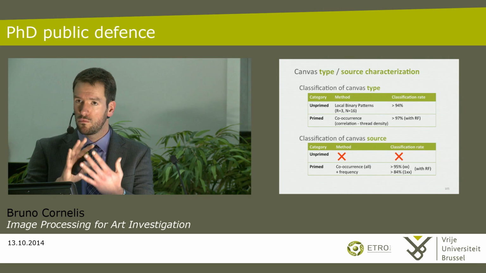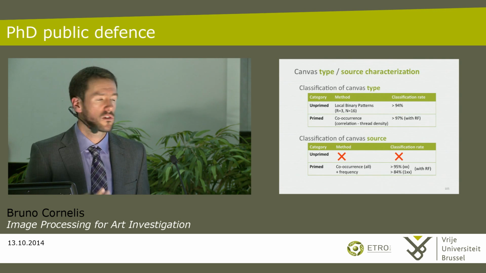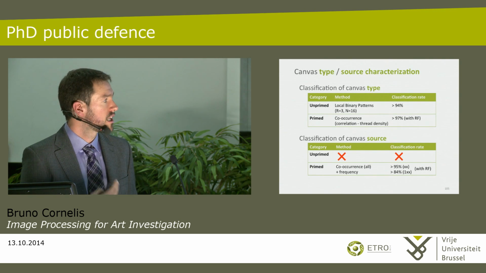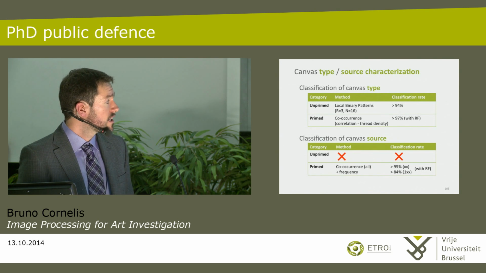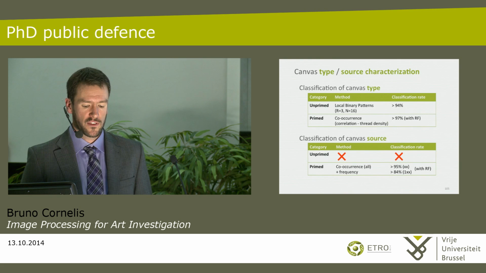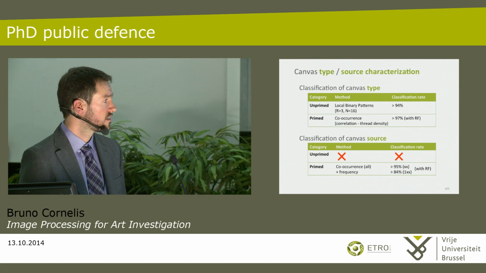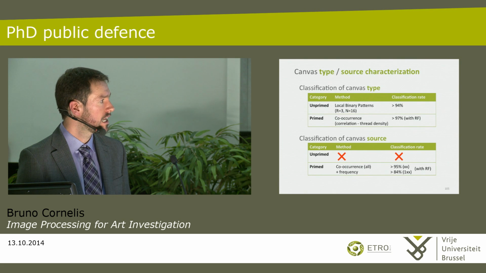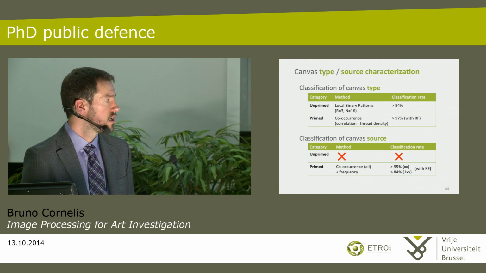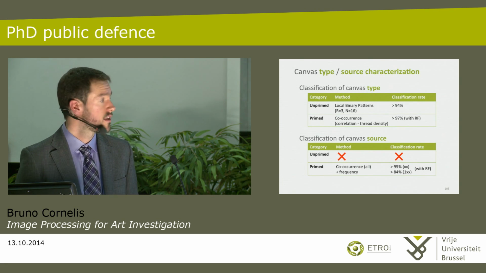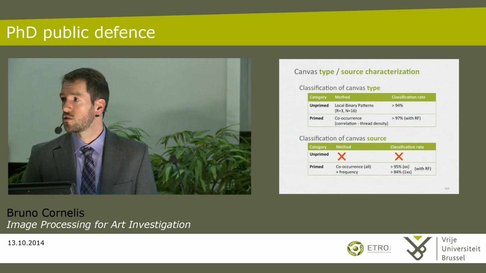It moves too much, so we cannot acquire them in such a way that we can extract consistent features for these pieces of canvas. Now, in case of primed pieces of canvas, apparently the priming process characterizes the canvas itself, and you can see that we're again able to have some pretty good classification results. Even in the case where we have very blurry pieces of canvas, we have 80% classification rate and above.